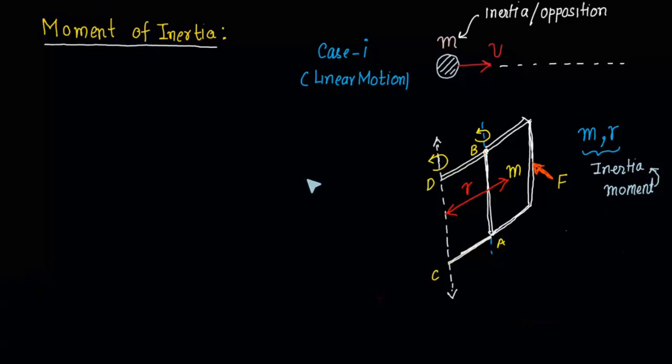Case 2 involves rotational motion, and for rotational motion you have the moment of inertia, which depends on the mass of the body undergoing rotation and the location of that mass from the axis of rotation. So please remember, when a body performs linear motion, the mass plays the role of opposition, which is called inertia. When a body performs angular or rotational motion, the mass of the body as well as its distance R plays the role of inertia, which is called moment of inertia.